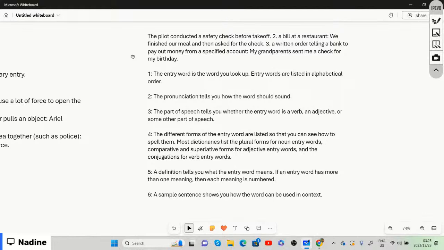Then there will be other forms of the entry word listed so that you can see how to spell them. And most dictionaries list the plural forms of nouns, the superlative forms, or the conjugations of the verb entry words.